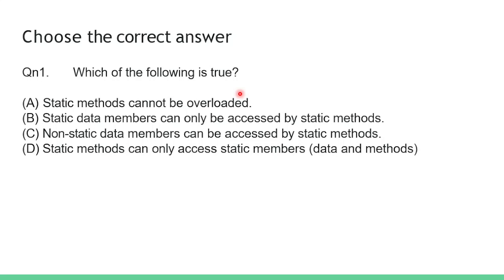So what will the answer be here? Pause the video for a minute and think about the answer. So the answer for this question will be that static data members can only be accessed by static methods.